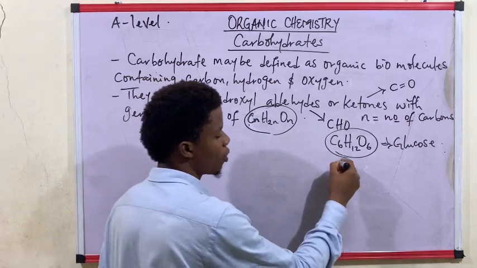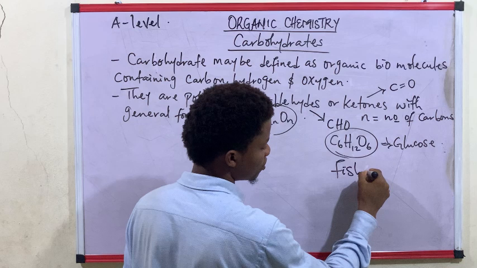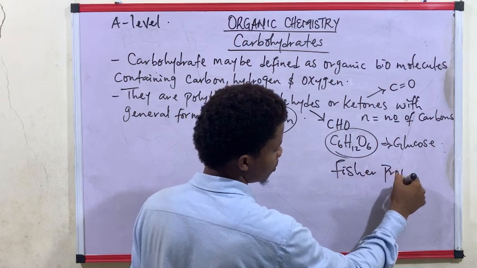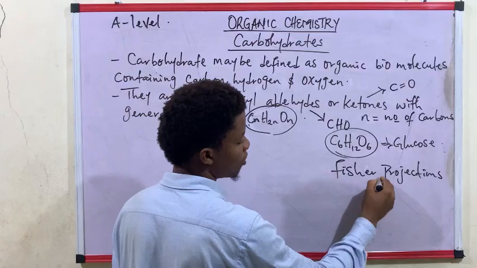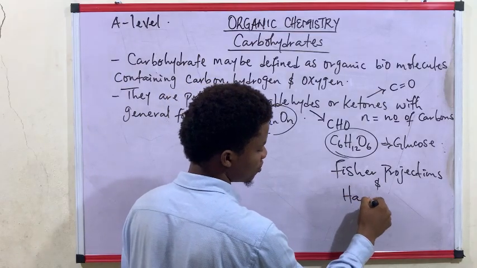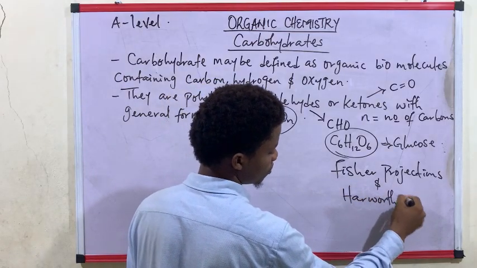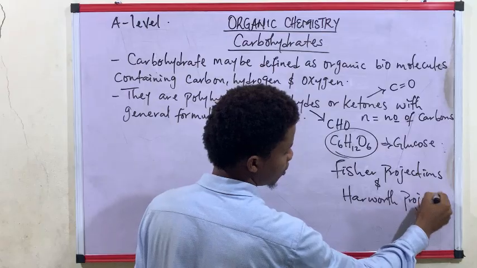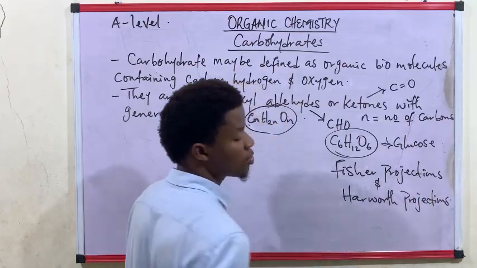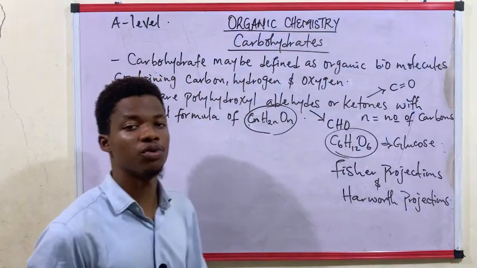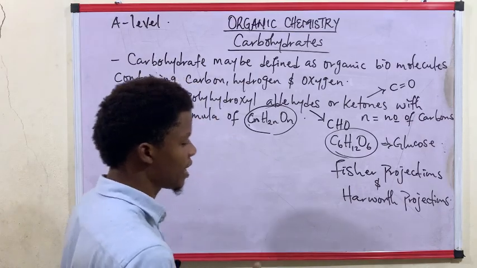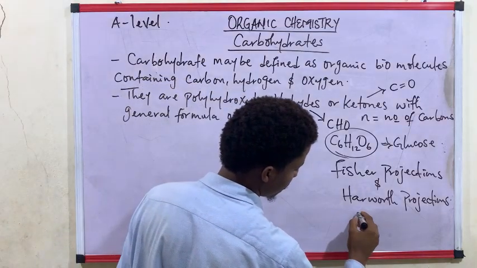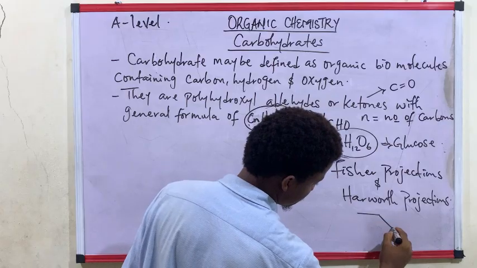We have what is called the Fischer projection, and we also have the Haworth projection. The Haworth projection is when we are trying to represent the carbohydrate in the form of a ring shape, something like this.